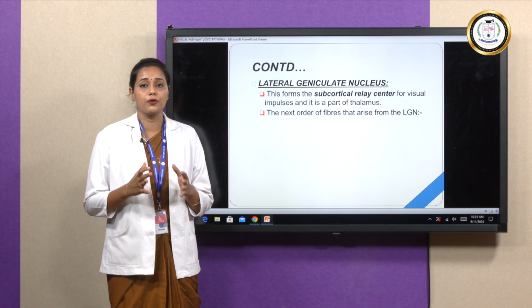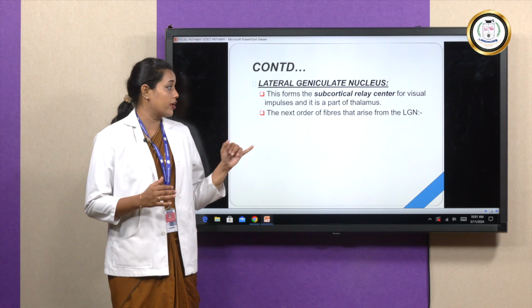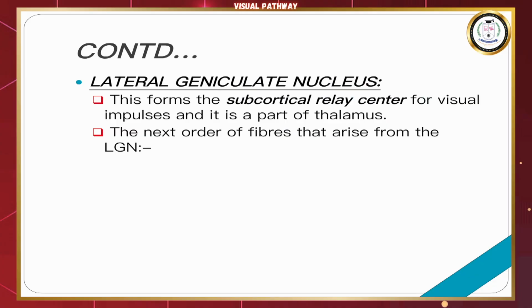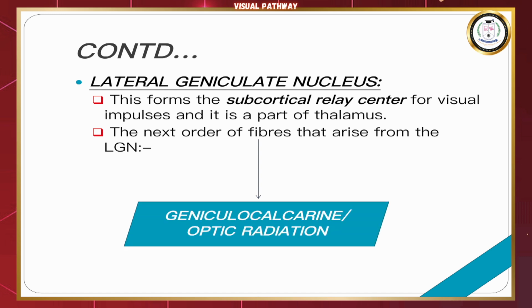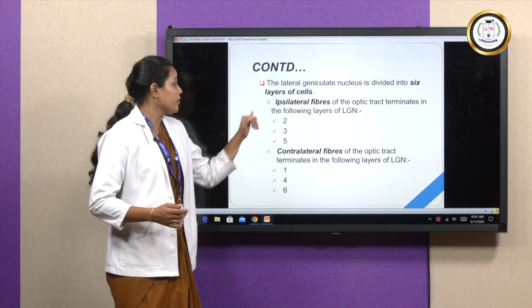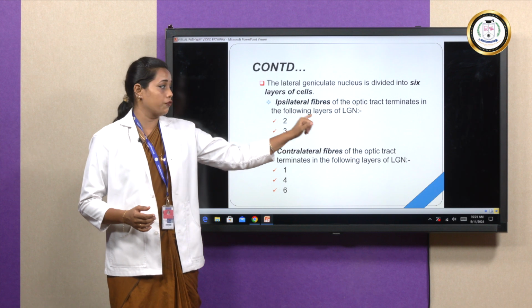This forms the subcortical relay center for visual impulse and it is a part of thalamus. So, the next order of fibers arising from this lateral geniculate nucleus is called as geniculocalcarine or optic radiation. This lateral geniculate nucleus is divided into 6 layers of cell. So, we have the ipsilateral fibers of the optic tract.